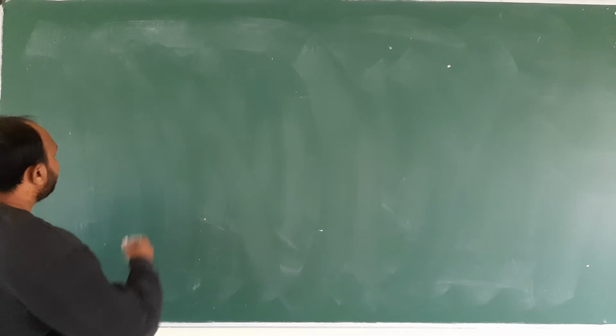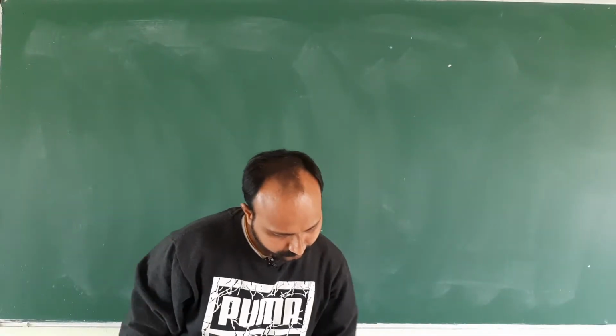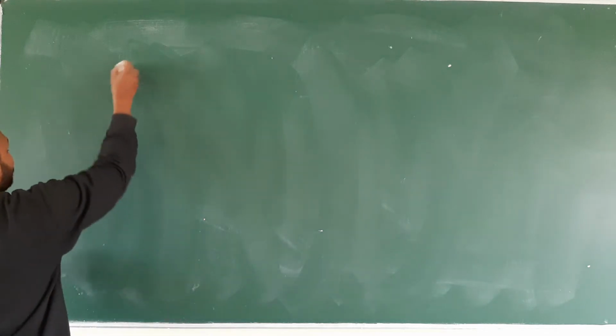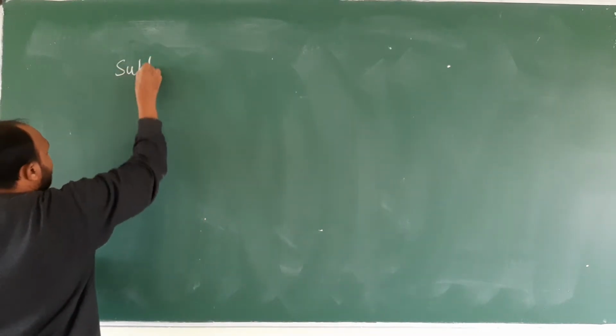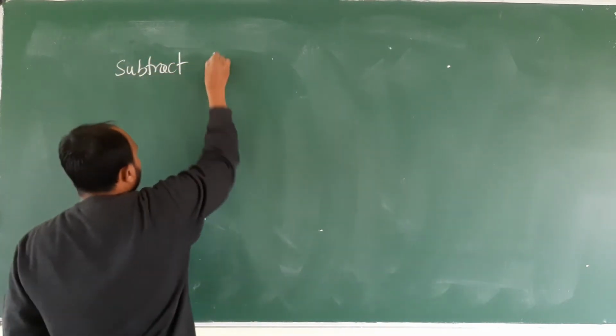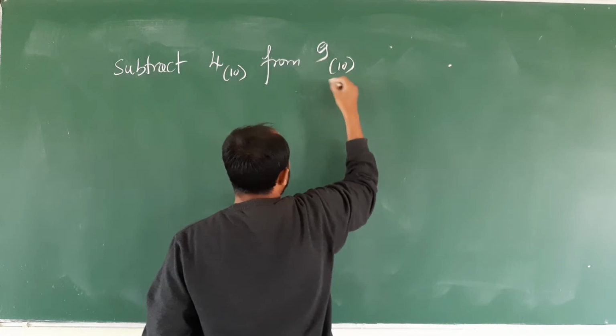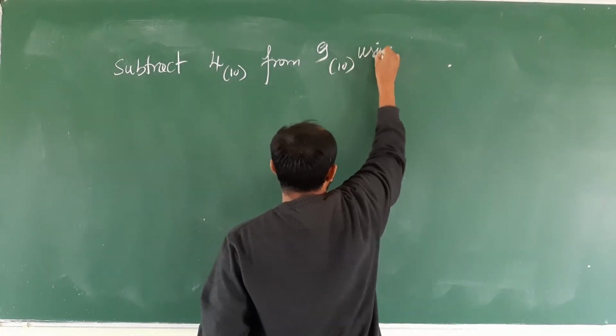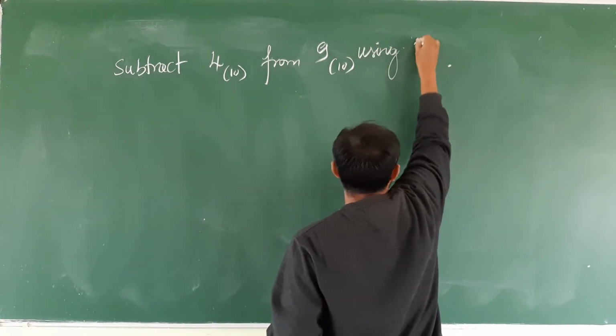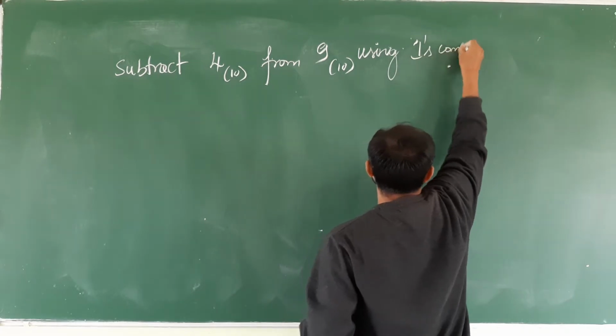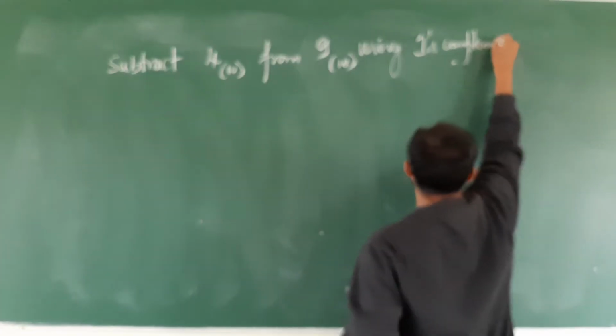Please notice here. Let us consider a problem. Let us subtract 4 from 9. So subtract 4 to the base 10 from 9 to the base 10 using one's complement.